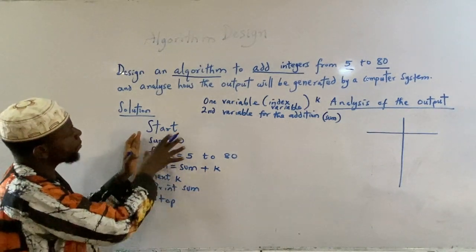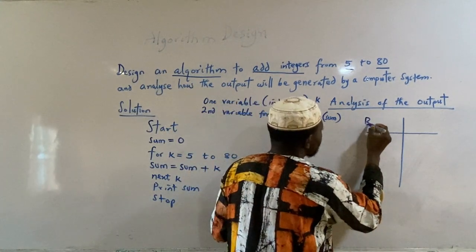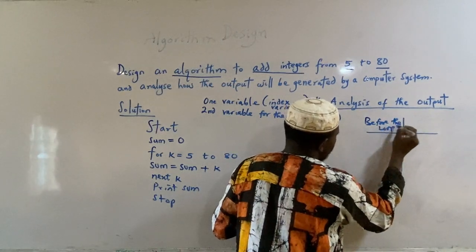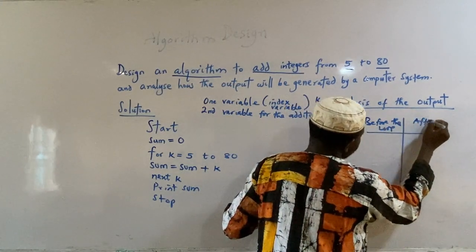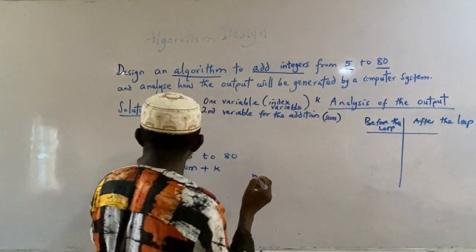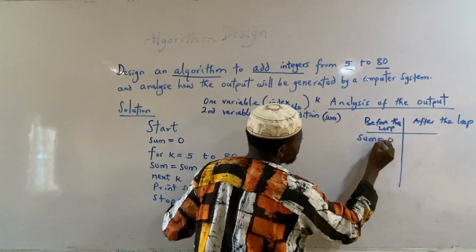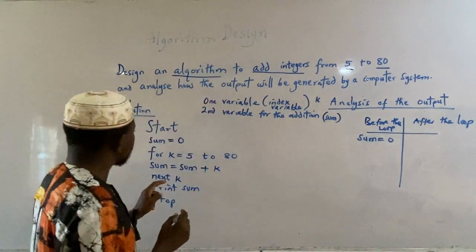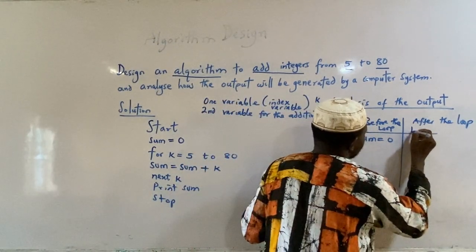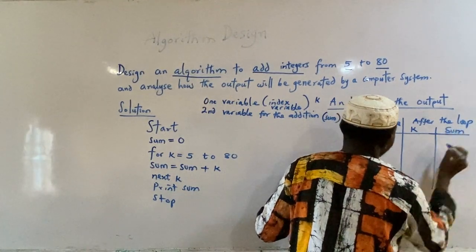If I need to do a proper analysis of how the computer will do this, before the loop, after the loop. Before the loop, I only have a variable. Sum is equal to 0. After the loop, there are two variables. I have k and I have sum.